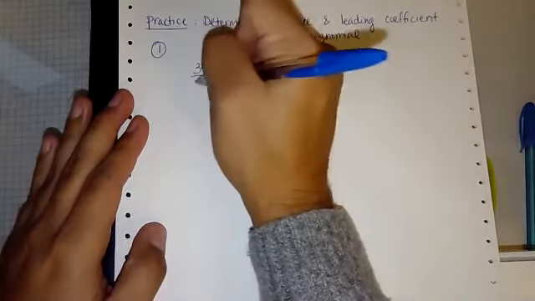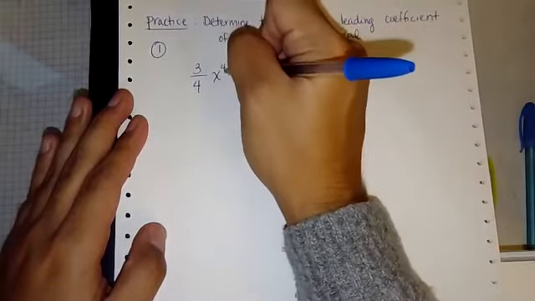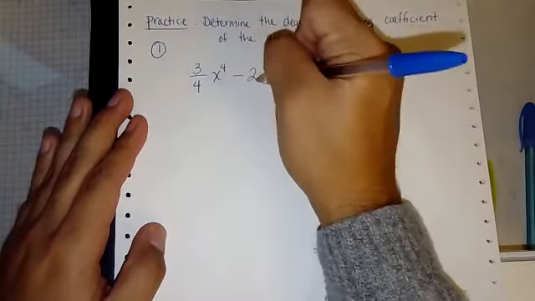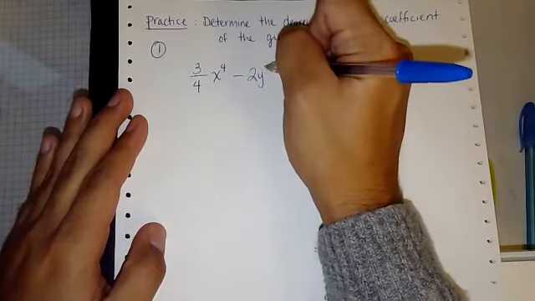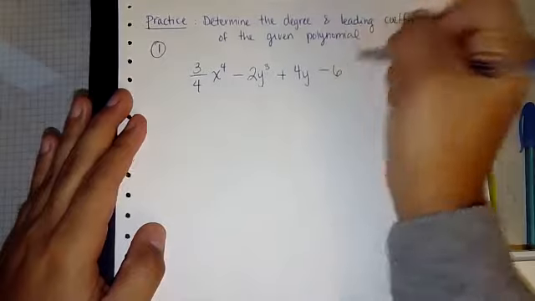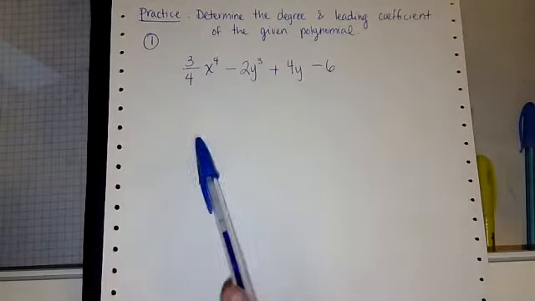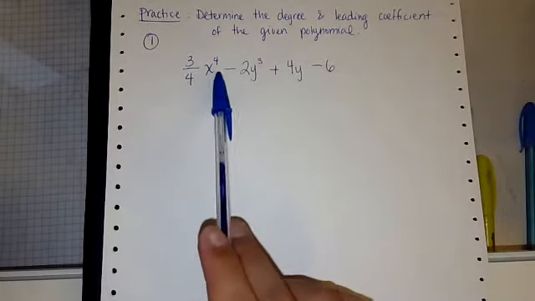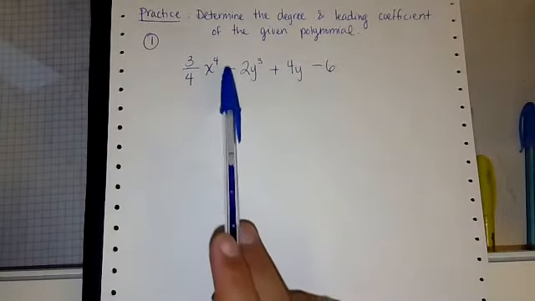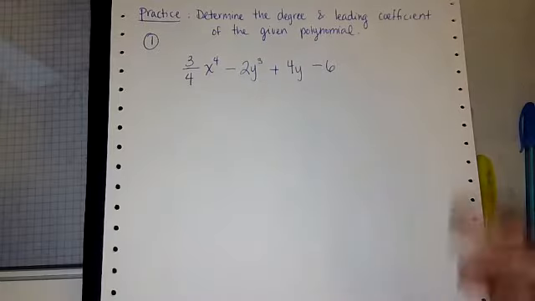Okay, so in this example, we have 3/4 times x to the 4th power minus 2, I used y here.